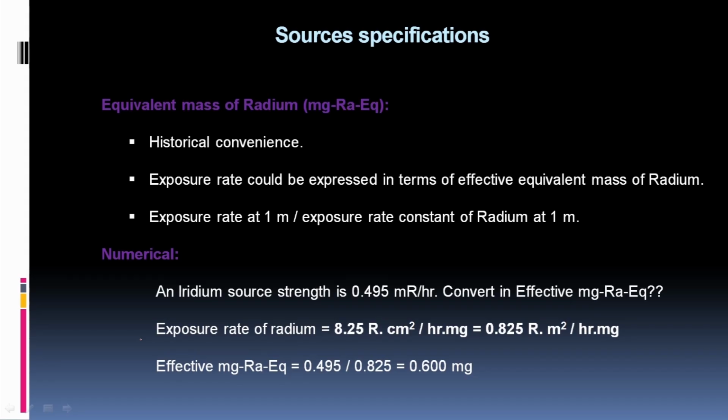Now, we can specify the source strength by the equivalent mass of radium, and that is milligram radium equivalent. Radium is the radioactive isotope that was used very widely in earlier days, historically.